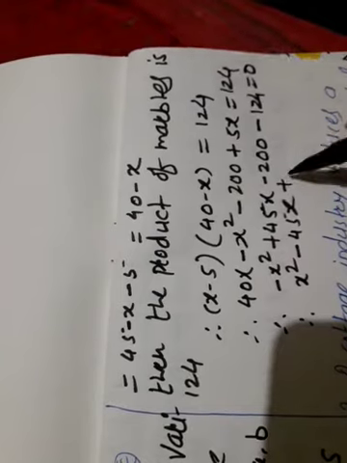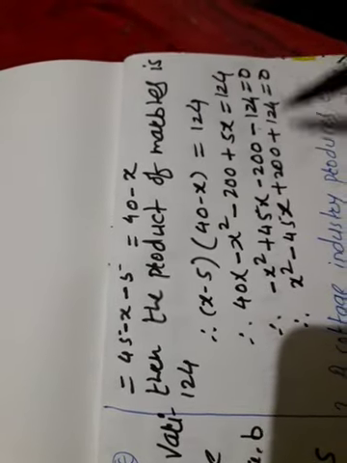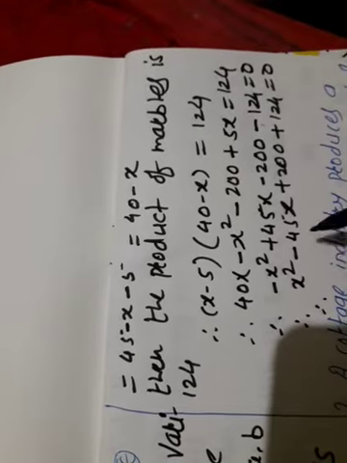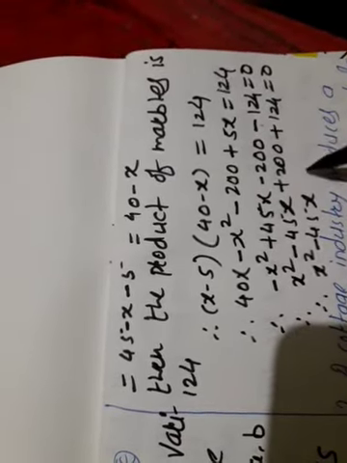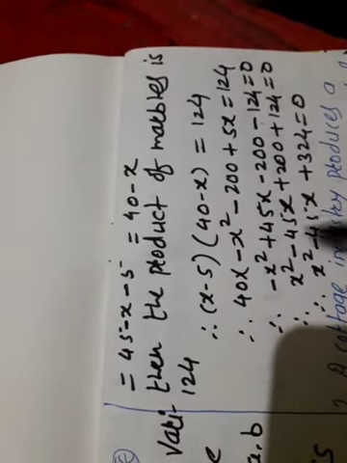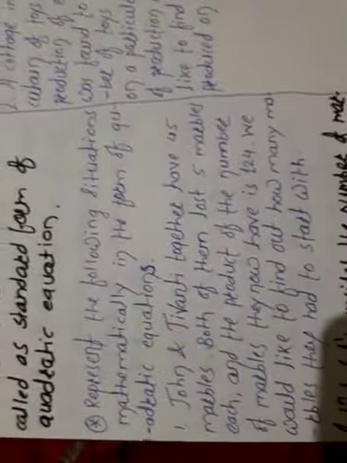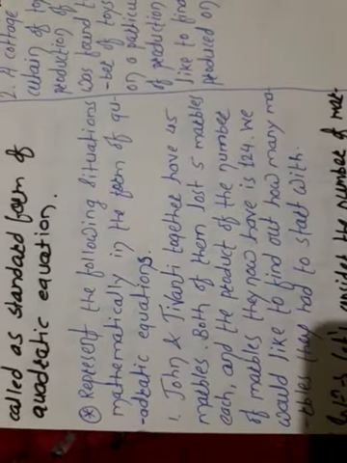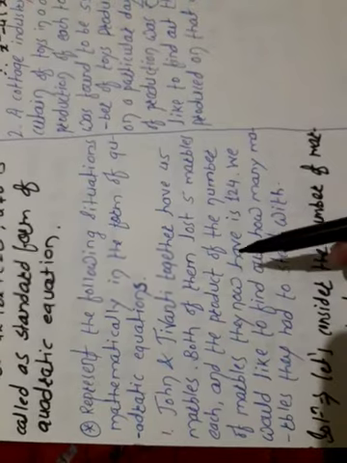This will also be plus 200 plus 124 is equal to 0. Then the quadratic equation we get is x square minus 45x plus 324 is equal to 0. This is the quadratic equation by which we have represented this situation. Or we can say we have converted this situation into the form of a quadratic equation.